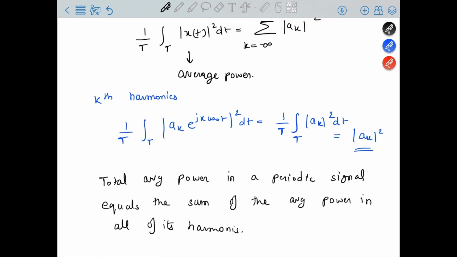And we have shown by a small derivation that for the kth harmonic the power is equal to mod of a_k square, and similarly if we sum all the average power in all of its harmonics, we will get the total average power of a periodic signal. That is Parseval's relation.